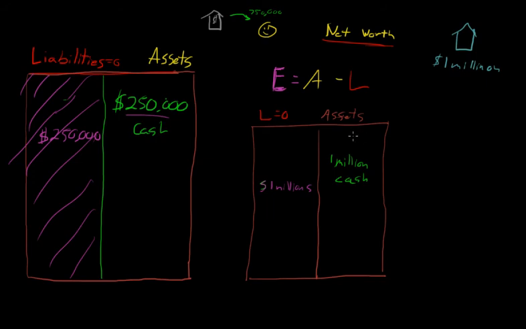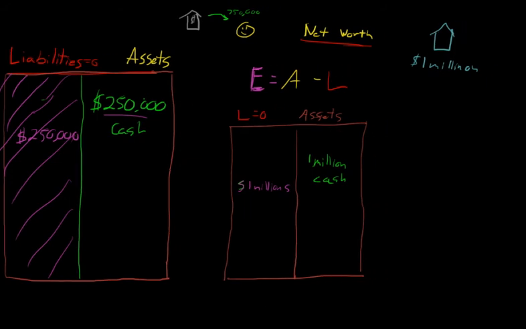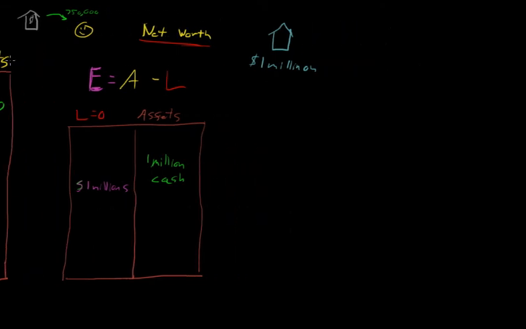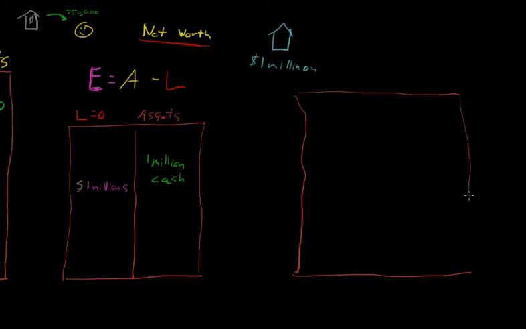So let's move to the next snapshot of my situation. In this scenario, I did buy the house. I gave the owner of the house 1 million $1 bills, or something equivalent, a check for $1 million.